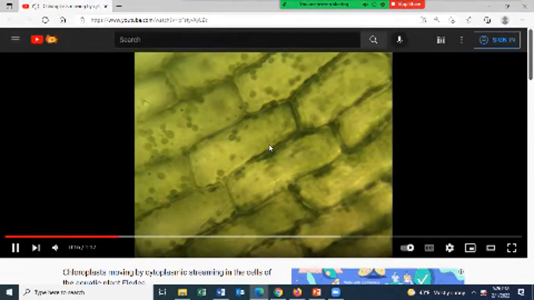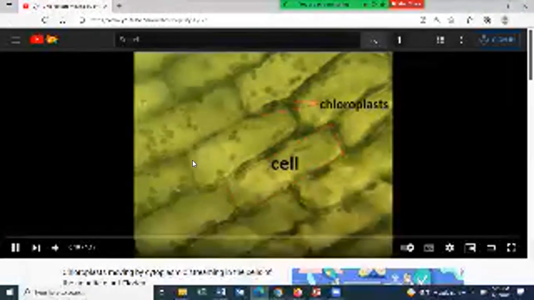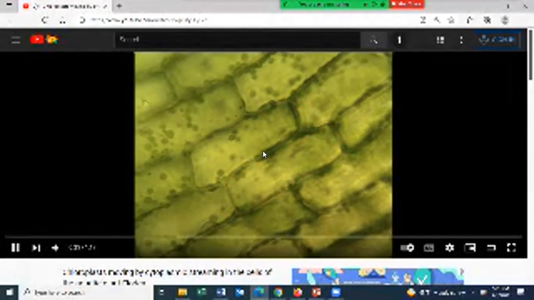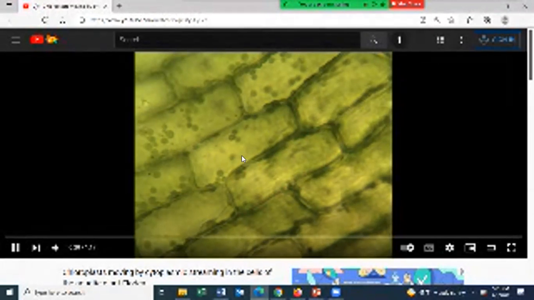All right, so you can see cytoplasmic streaming, where the cytoplasm is moving around the cell. And it's actually moving chloroplast, which is what we're viewing.